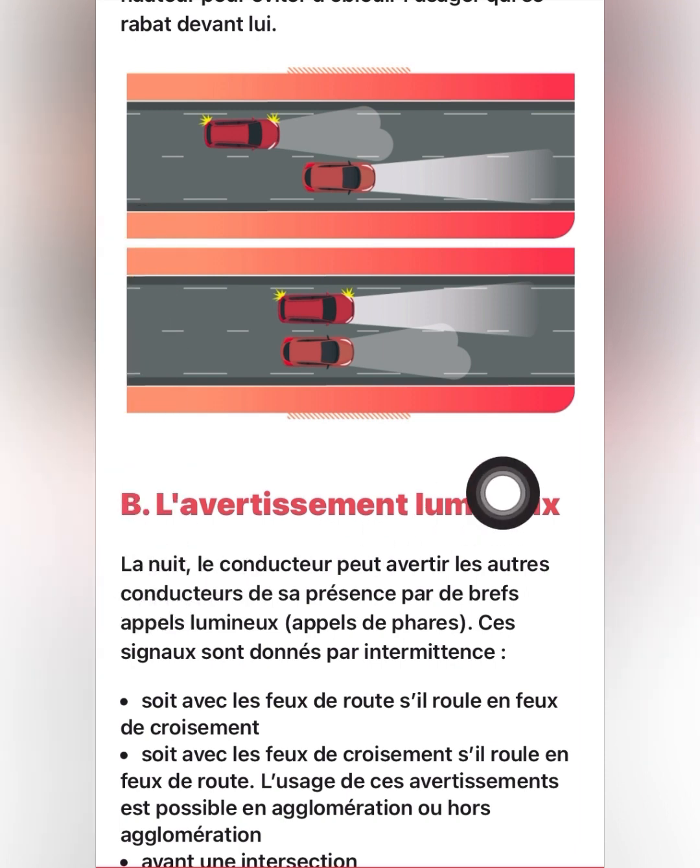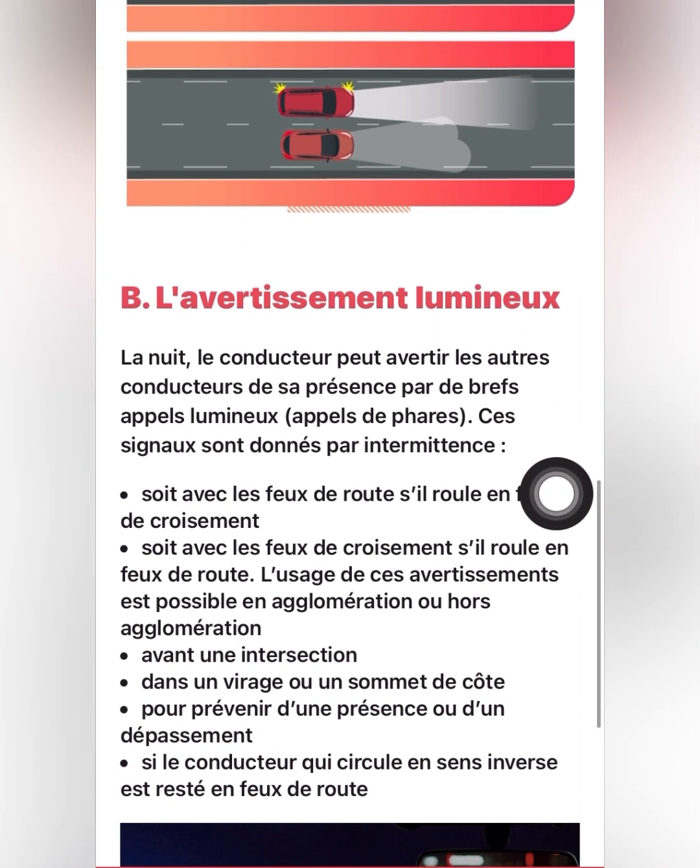Then we'll go to the B part, that is talking about the light warning, the flashing light. How do you use it at night? At night, the driver can warn other drivers of his presence by a brief light called a flashing light. Those are the signals.